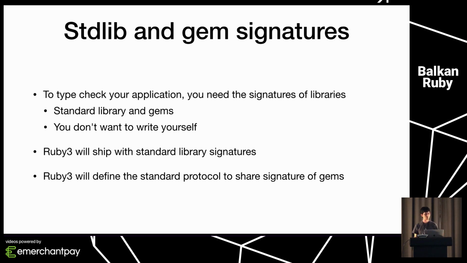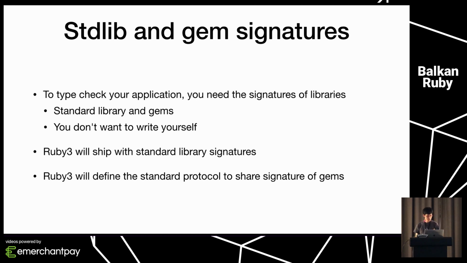Ruby 3 will ship with the signatures of standard libraries. To type check your applications, you need the type definitions of libraries. The libraries include standard libraries shipped with Ruby and gem libraries, the types of any Ruby gems. If there are no signatures for libraries, you have to write all of them yourself, which is really exhausting, and I know you don't want to do that.